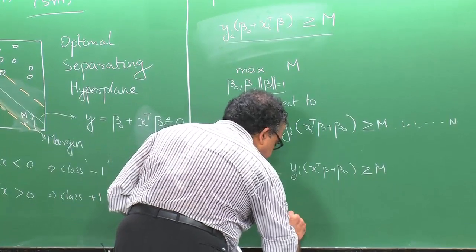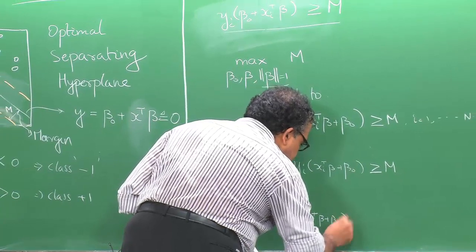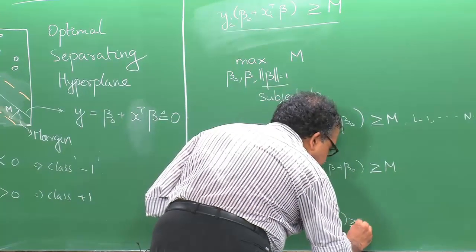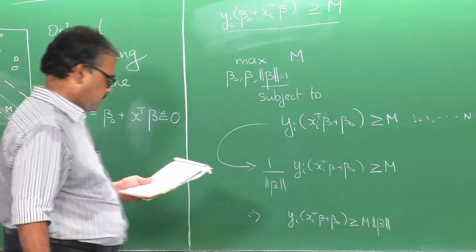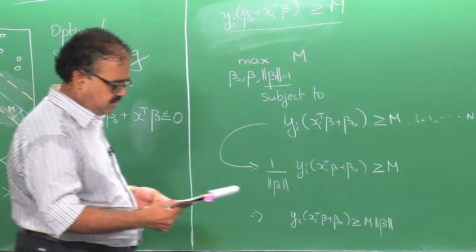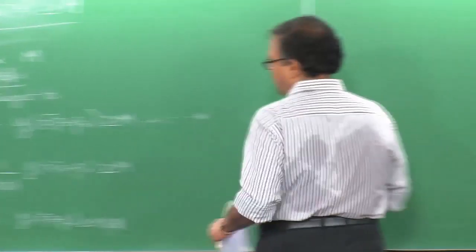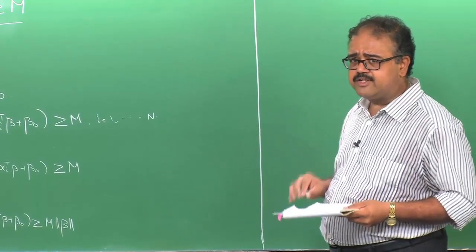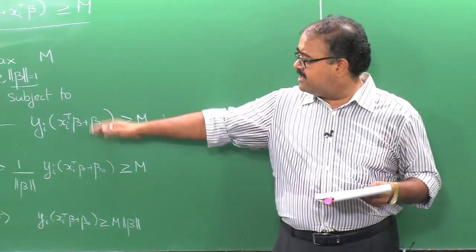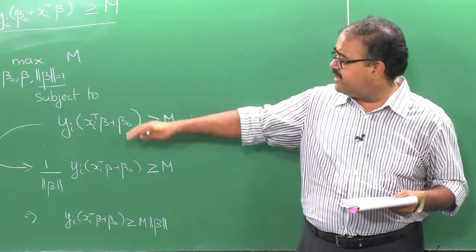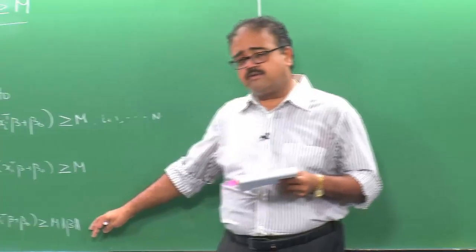And essentially write it like that. One thing that we should note here is that if a specific beta satisfies these constraints, any positively scaled version of beta would also satisfy the constraints.